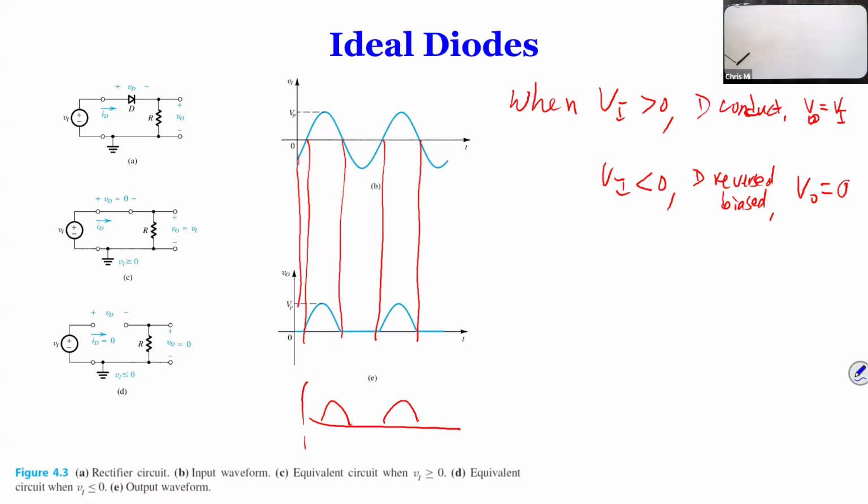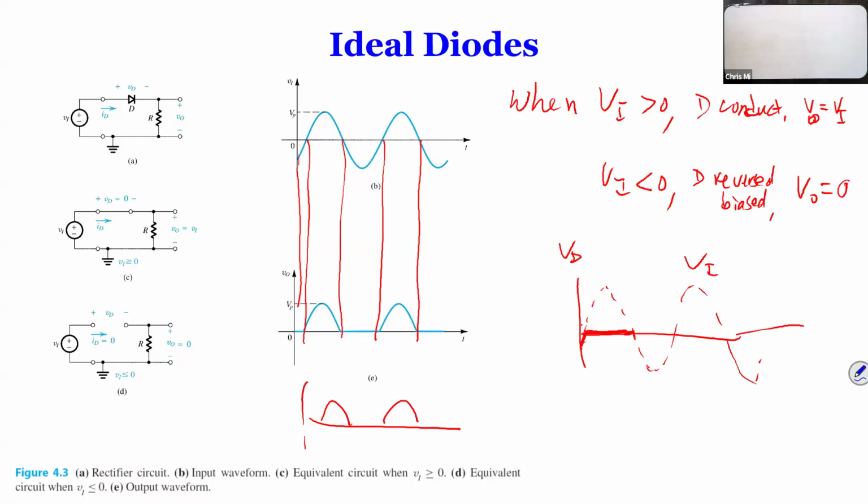So in this case, if I want to draw the voltage across the diode, this is the original voltage waveform, VI. So if I want to draw the waveform of VD, when it's positive, it will be conducting, so therefore VD is 0.